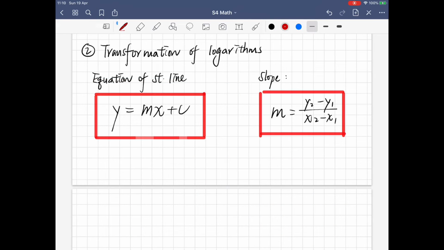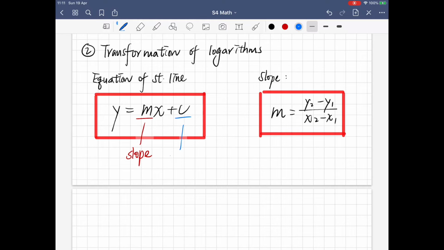The second part of section 7.2 is transformation of logarithms. So in this part, we will apply the concept of equation of straight lines again. First, an equation of a straight line can be expressed in the form of y equals mx plus c. And for the m, it represents the slope of the straight line.